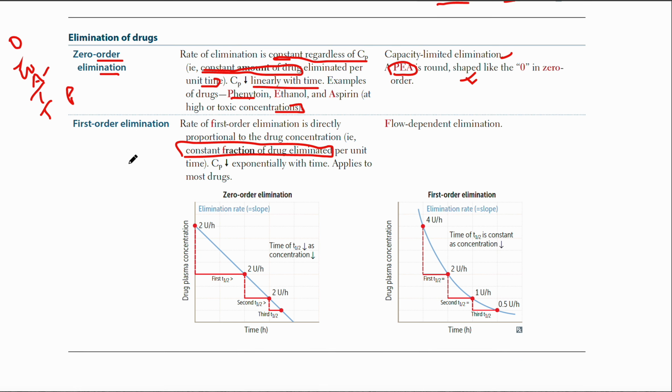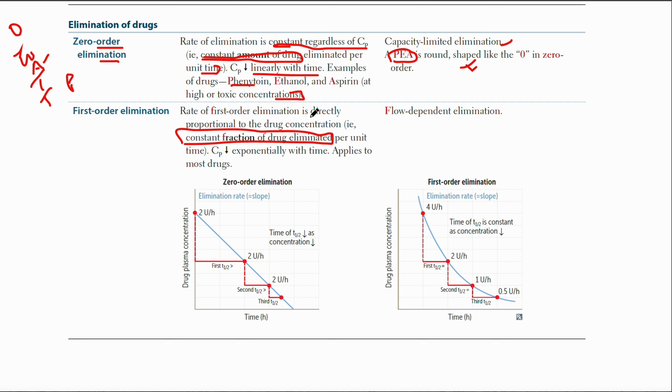And in first order elimination, the rate of elimination is directly proportional to the drug concentration, that is, a constant fraction of drug is eliminated per unit time. So CP decreases exponentially. In zero order kinetics it decreases linearly, but in first order kinetics it decreases exponentially with time. It applies to most drugs, right? It is flow dependent elimination.